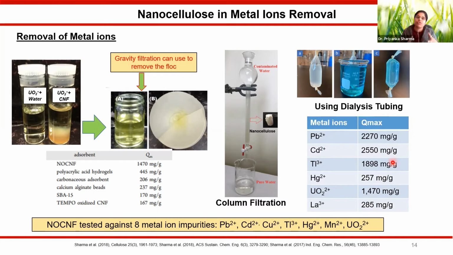The mechanism involved during this remediation process is not only adsorption. This nanocellulose also induces the mineralization of the metal ion during remediation. So that caused the higher efficiency of these NOCNF.